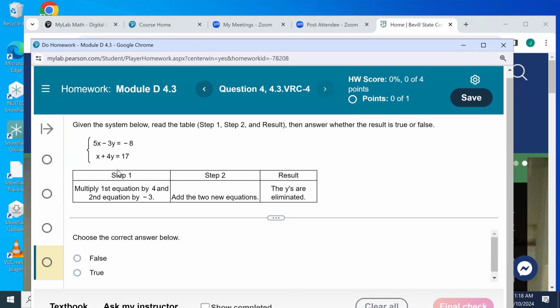Okay. So maybe we'll do this one all the way through. Is what they say true or false? True, false? I'm gonna say, really?